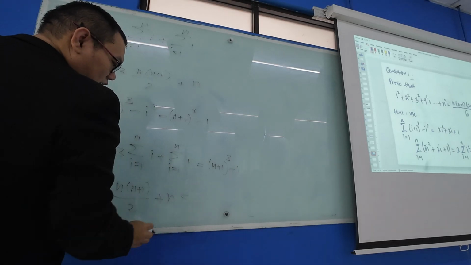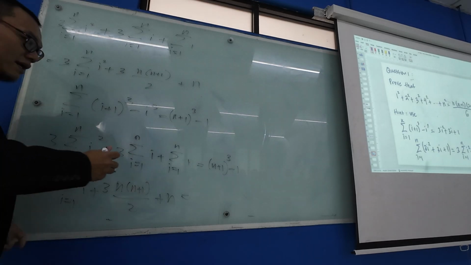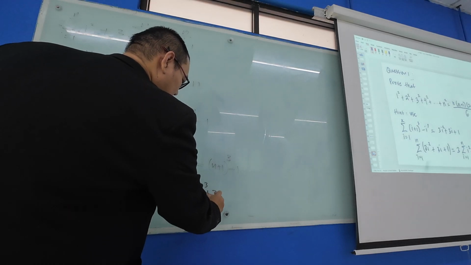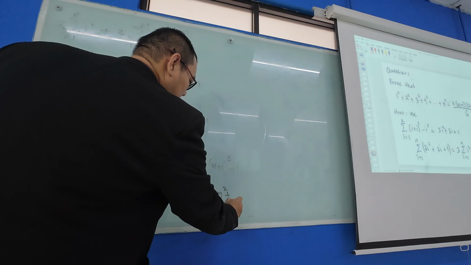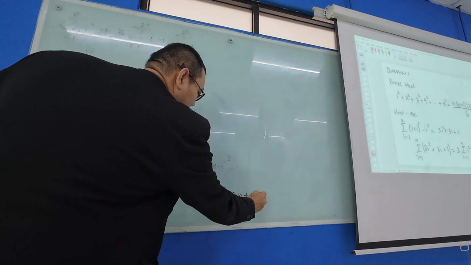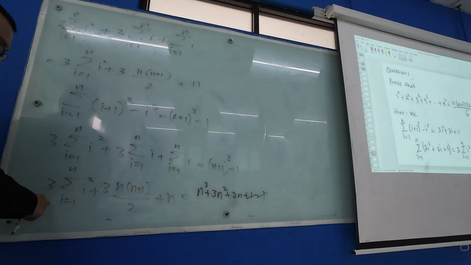Okay, and this one becomes n cubic plus 3n square plus 3n plus 1, minus 1 cancel. Now we simplify this.